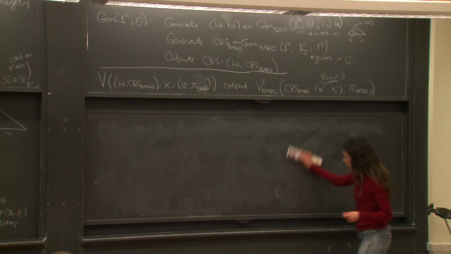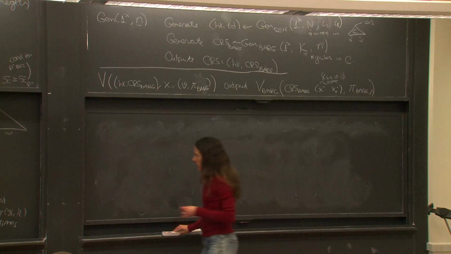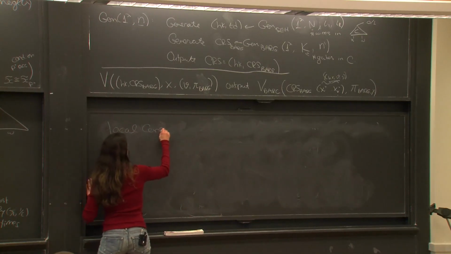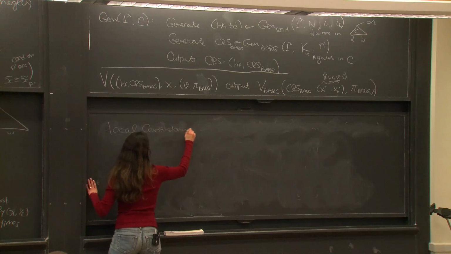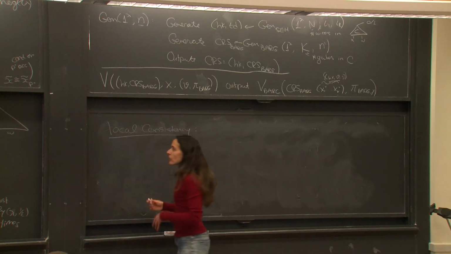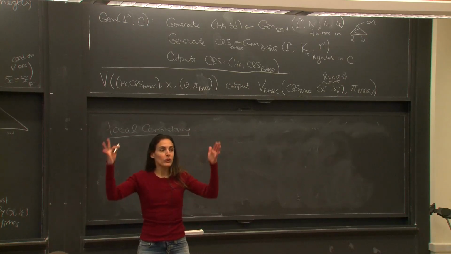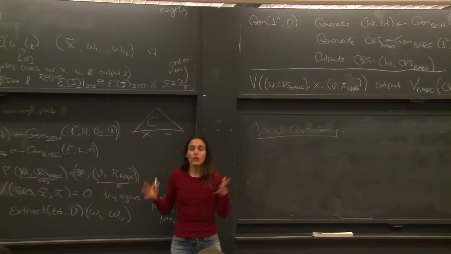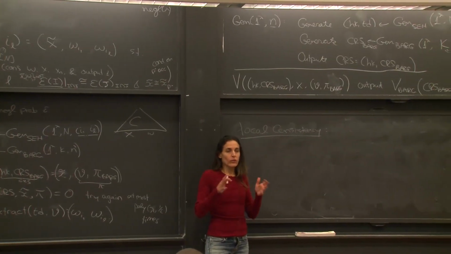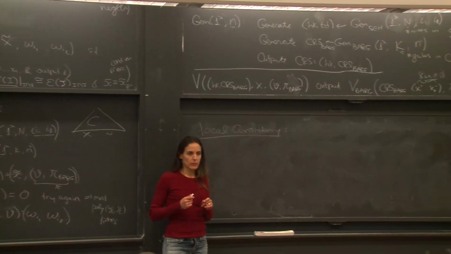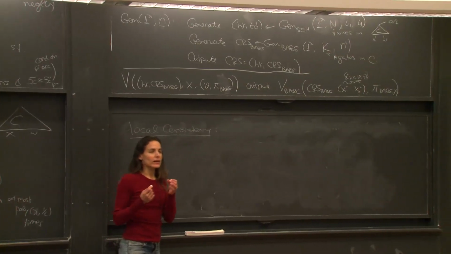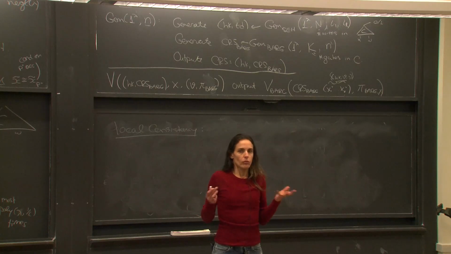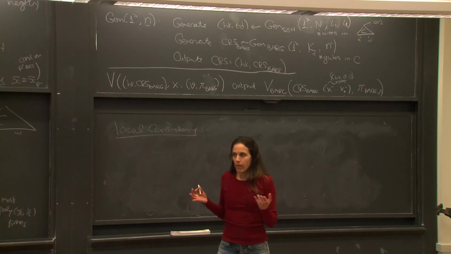Suppose for contradiction that the extractor outputs X tilde and L wire values that are not consistent. What does it mean that they're not consistent? There's one gate that they don't respect.